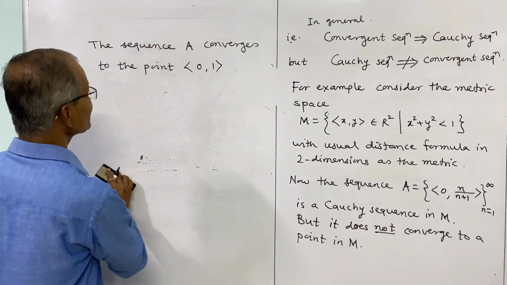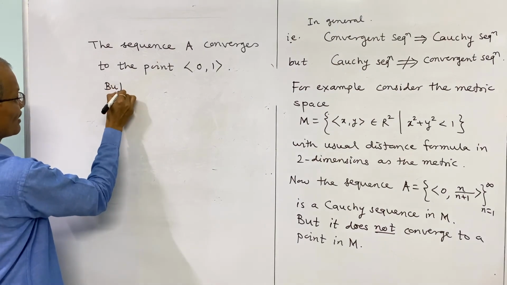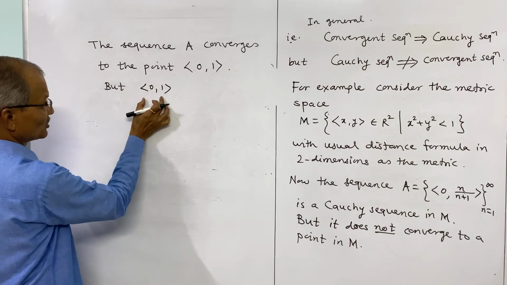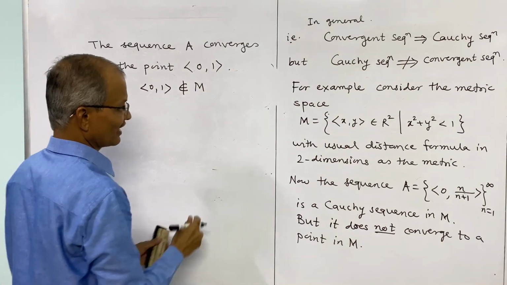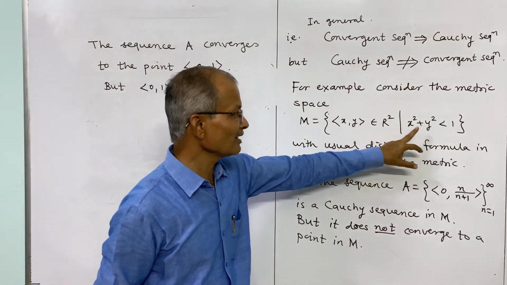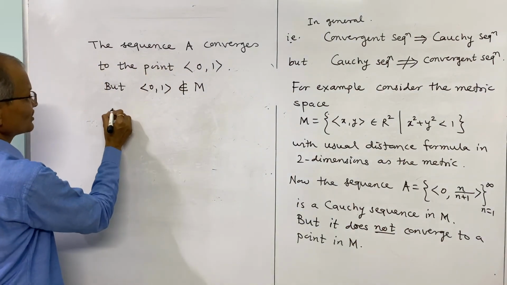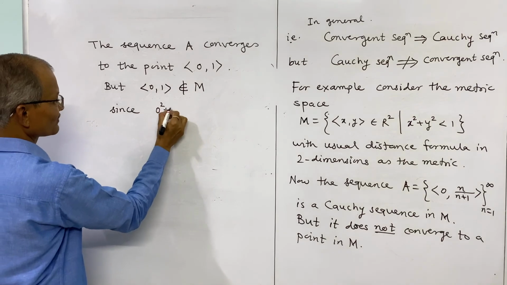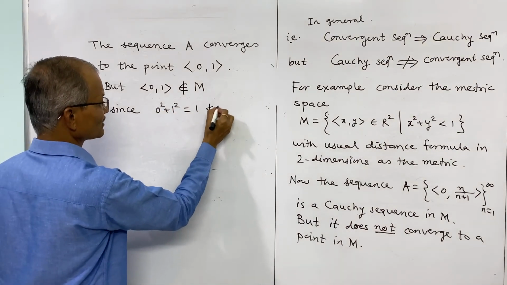So this converges to the point (0, 1), but this ordered pair (0, 1) does not belong to M. Why? Because in M the points are such that x squared plus y squared must be strictly less than 1. Here x squared plus y squared is 0 squared plus 1 squared, which is 1, and 1 is not less than 1.